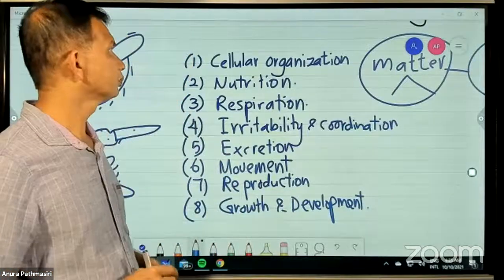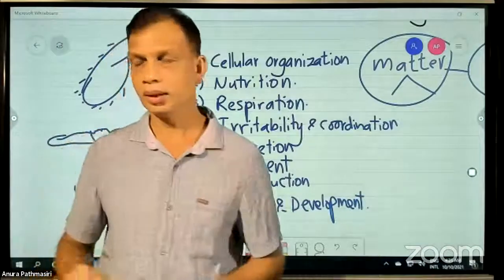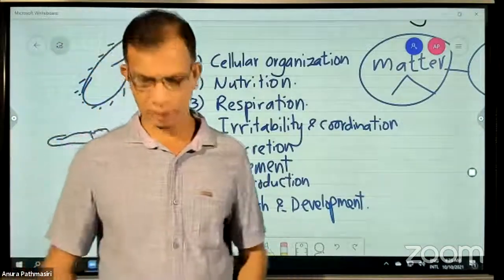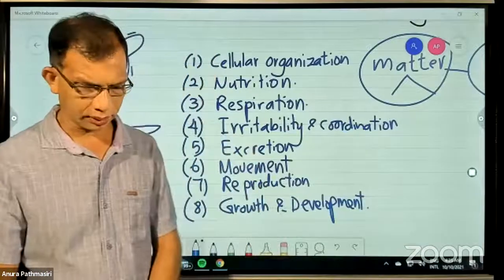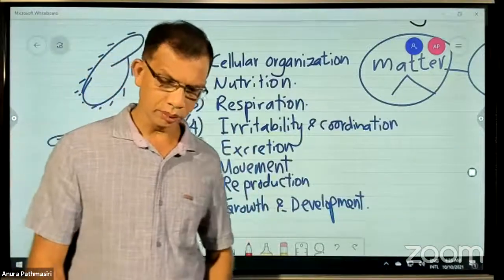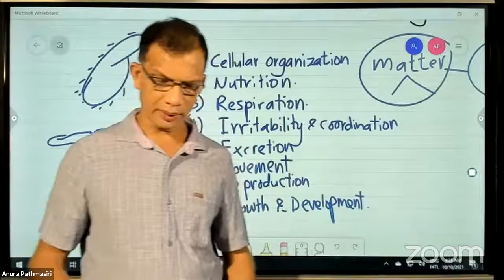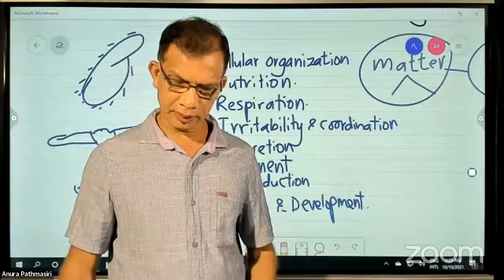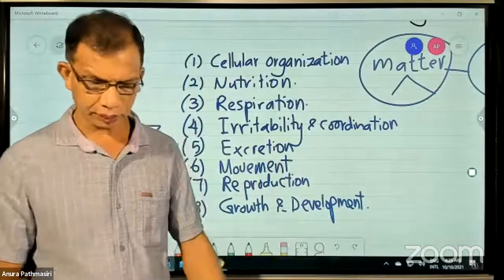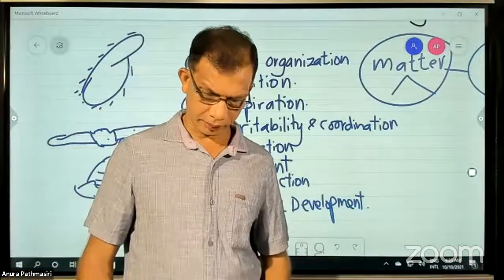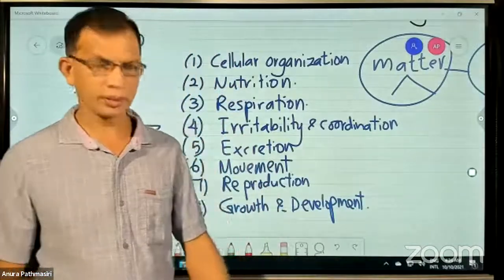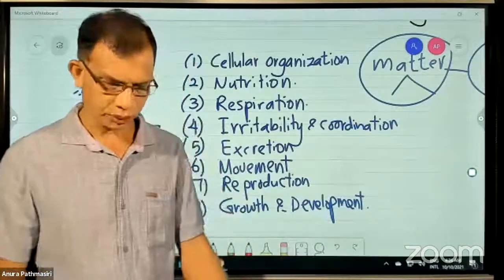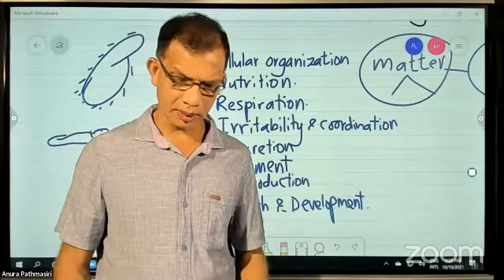Well, we have to consider the things that can be used in our lessons to make questions. Cellular organization is there, then we have nutrition, respiration. There are two experiments from respiration that I'm going to show you, to show how the question can be made.